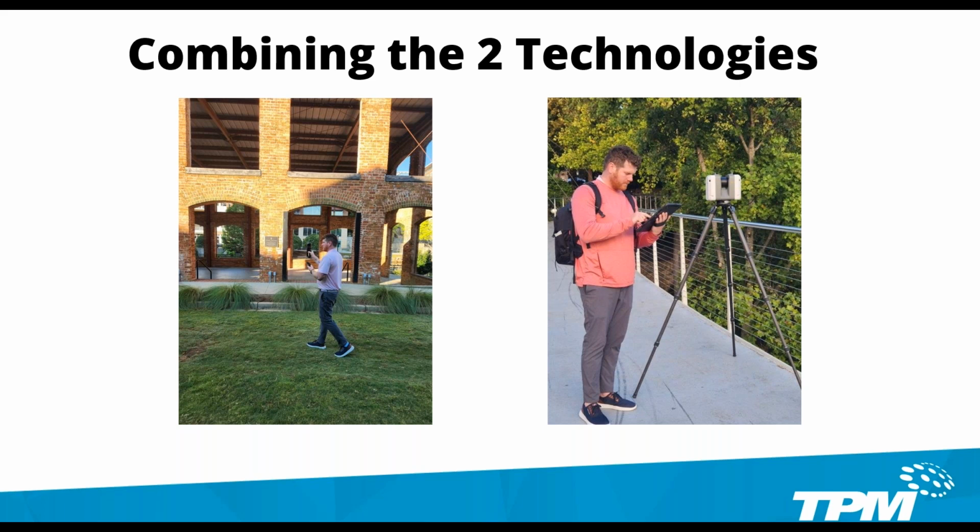They certainly didn't want us to spend an hour in their restaurant or a half an hour in their restaurant capturing data. So with the BLK2Go, we were able to capture that data really, really fast and do a walk for each restaurant and then tie it back into the RTC data that we did out in the food court. It made a great combination, and that's the kind of project that combining these two technologies is a real win-win situation.